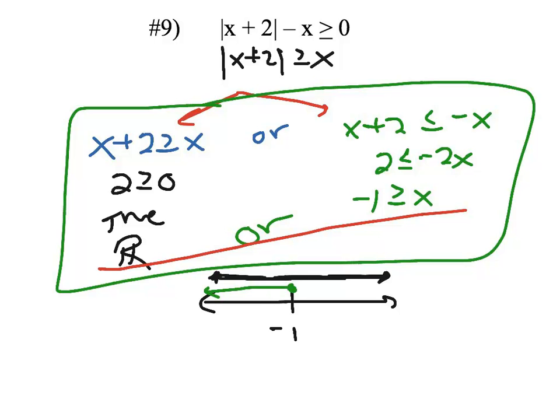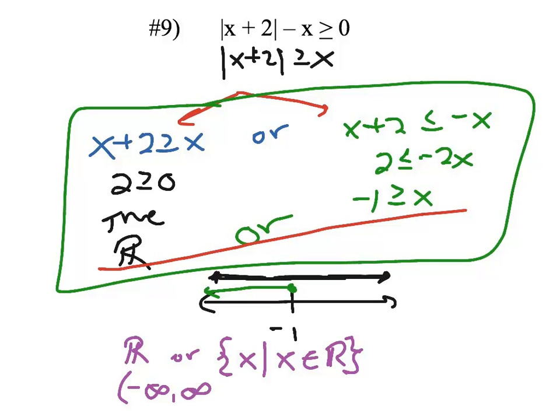An OR problem is the combination of those answers. So in set notation, we could simply say all real numbers. You could also say the set of all x's such that x is an element of the real numbers. That works as well. In interval notation, you would say that we're going from negative infinity to infinity.